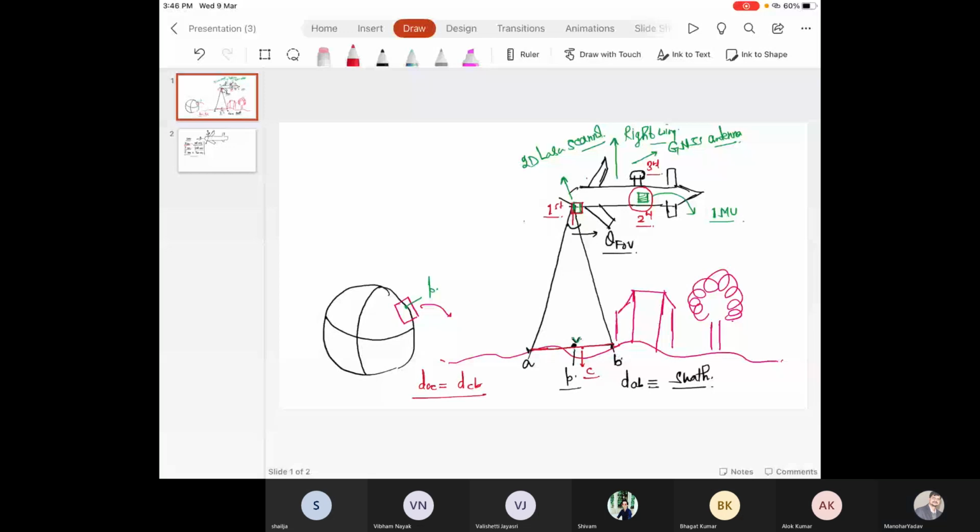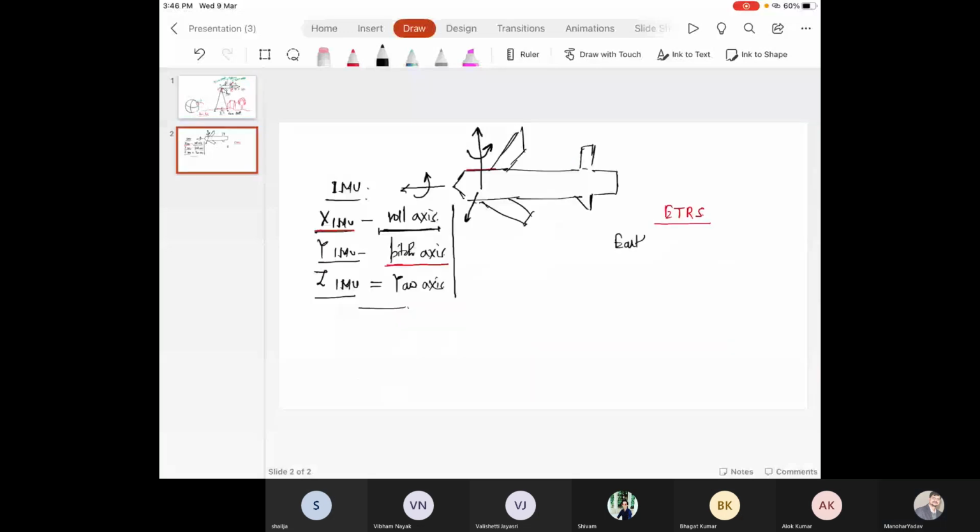Okay, we'll call it ETRS, or tangential reference system. Is defined as tangential reference system.